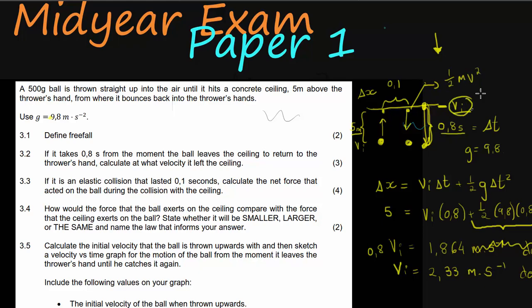Because I just calculated the velocity, this kinetic energy must equal the kinetic energy at that point, with the same mass. So basically the velocity that it hits the ceiling with and the velocity that it leaves the ceiling with is the same. It's not in the same direction, because kinetic energy doesn't care about direction.